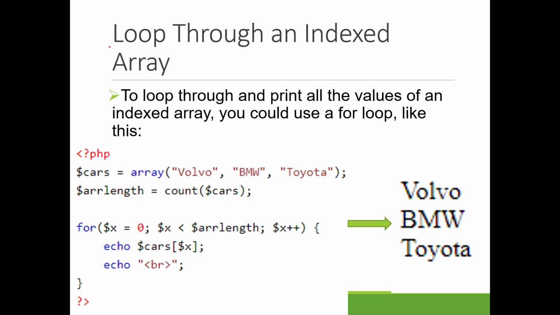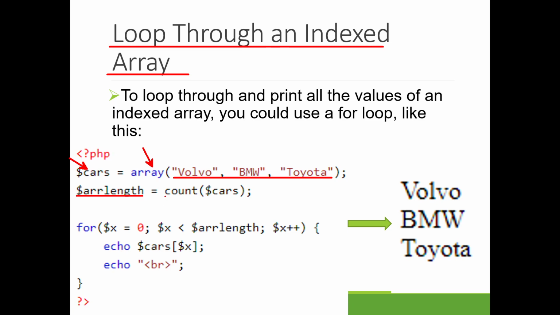Normally, we loop through an indexed array in order to print out all the values of the array. So look at this example. We have cars array. We've assigned it these 3 values. Here we are getting the length of the array.